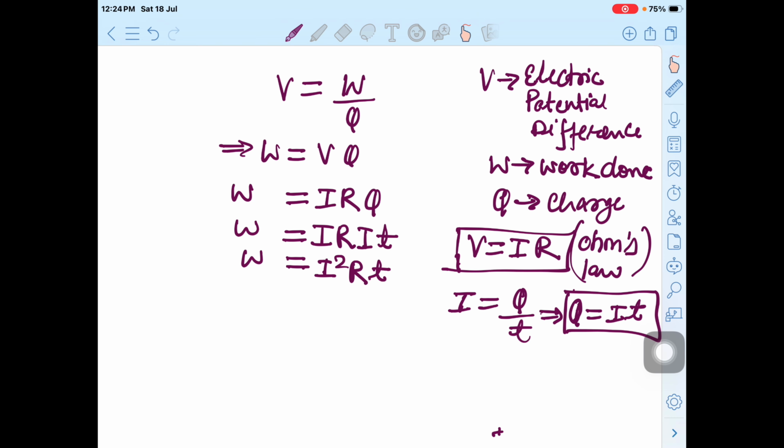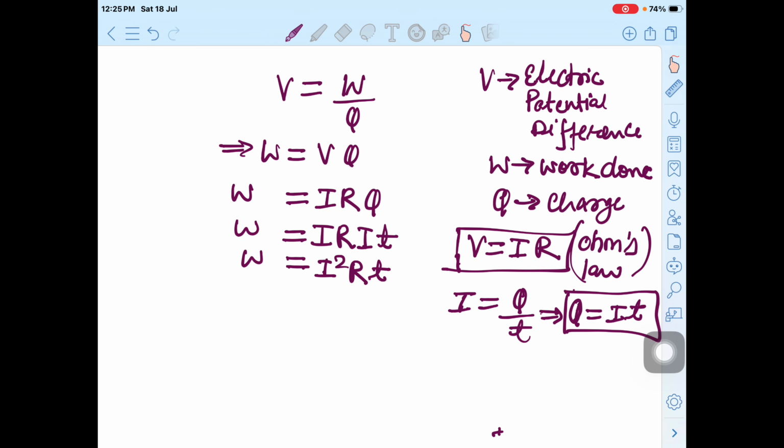The amount of work done inside the conductor when the electrons drift through the conductor, they do some work, right? And due to the amount of work done by the electrons inside the conductor when they drift, they collide with the atoms of the conductor, right?